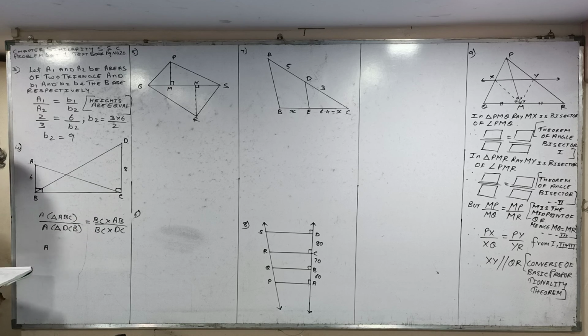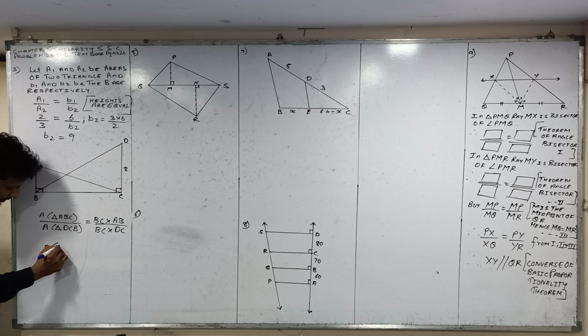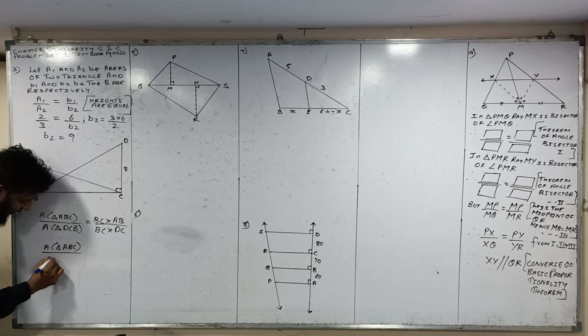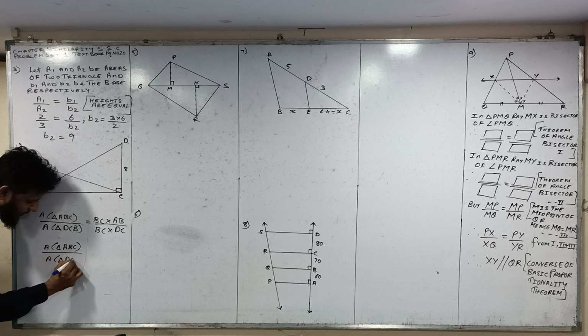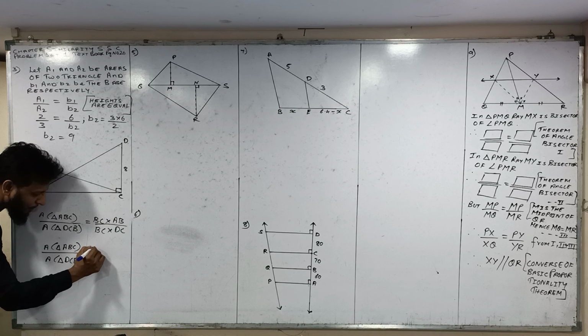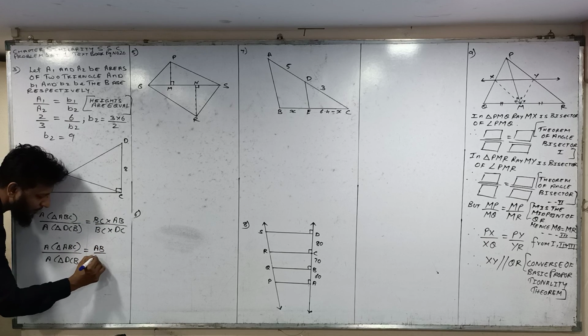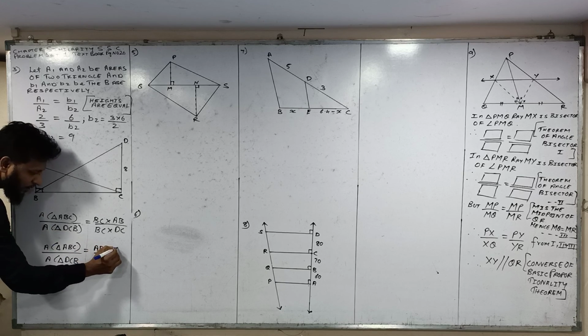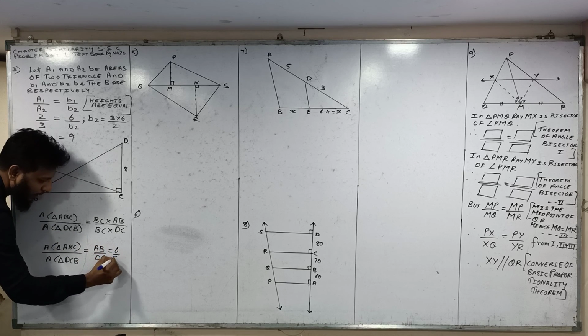Therefore, area of triangle ABC upon area of triangle DCB is equal to BC cut AB upon DC, and the value of AB is given 6 and DC is 8.